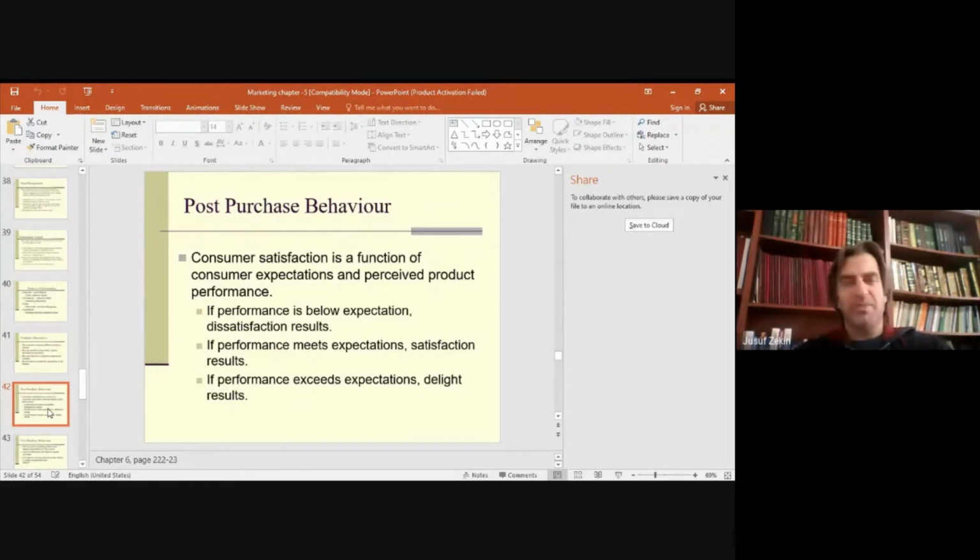so post-purchase behavior, now consumer satisfaction is linked with their expectation and perceived product performance. So now, consumers can be satisfied, dissatisfied, or delighted. When the consumer is dissatisfied, so we have expectations for certain products, and when we buy it and consume it, we see that, wow, the product or service was not worth that money, the product or service didn't deliver what it promised.